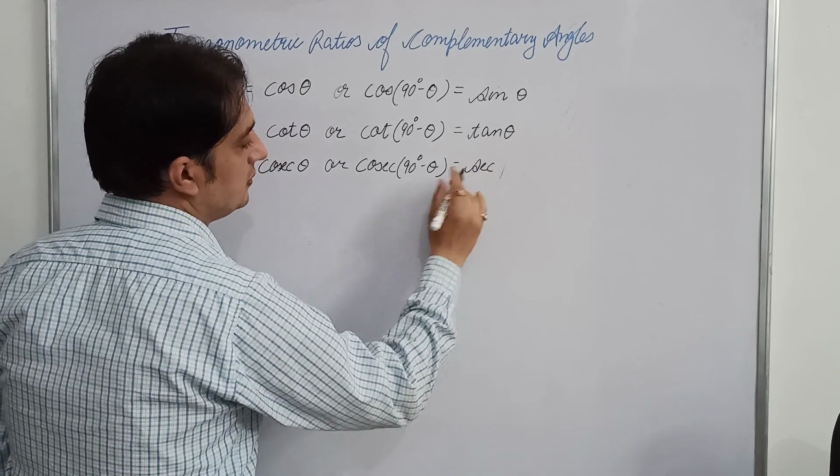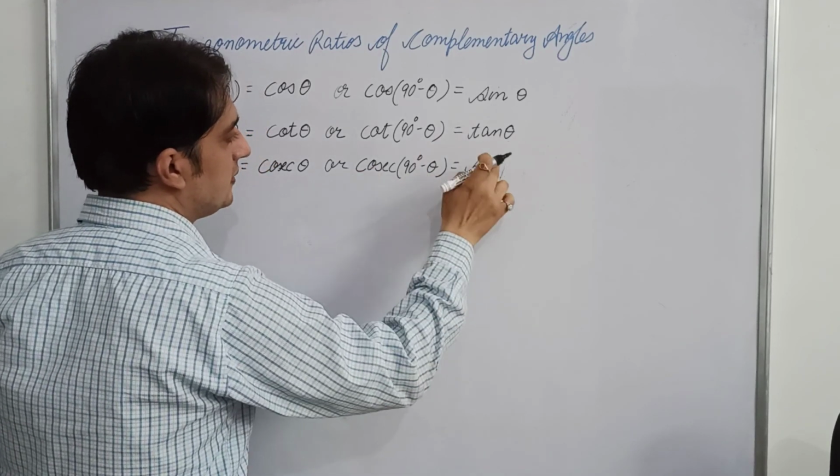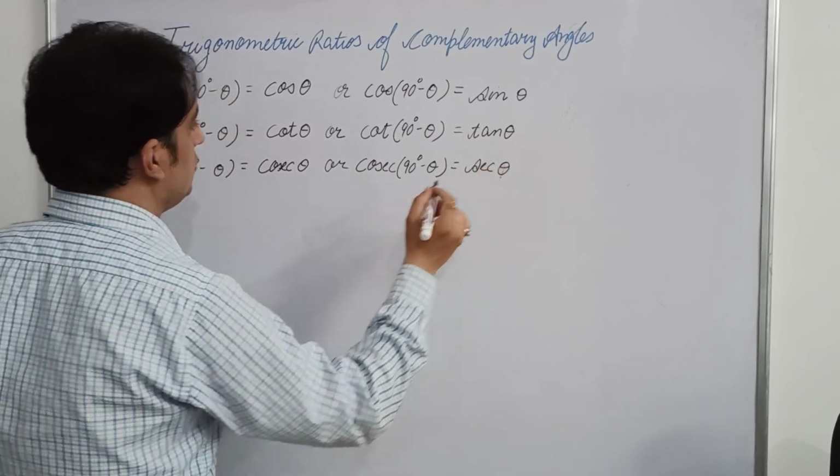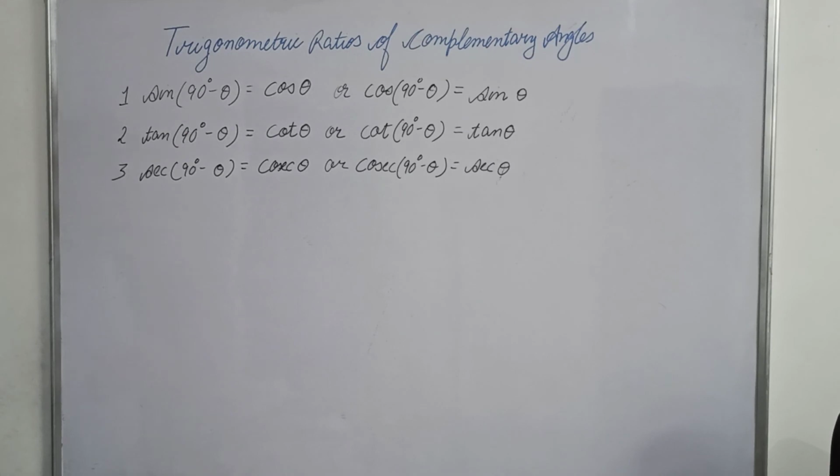So secant becomes cosecant and cosecant becomes secant. These are the values of complementary angles.